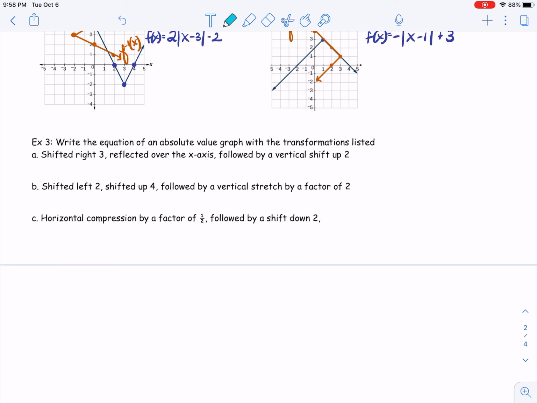So if I shift to the right 3, that's going to look like x minus 3 inside of the absolute value. If I reflect over the x-axis, that means I have a negative in front. If I shift up 2 units, then that means I have a plus 2 at the end. So this is my function.